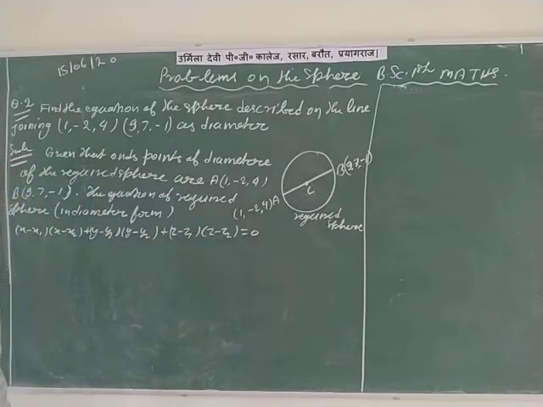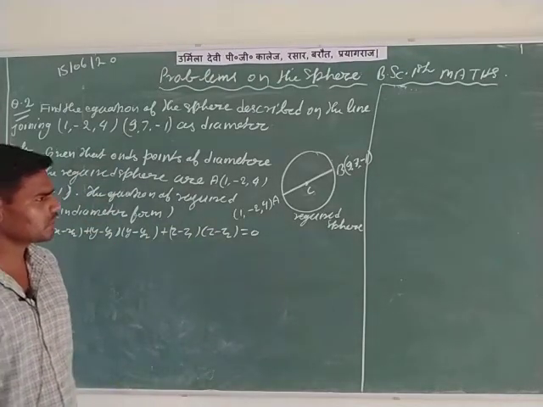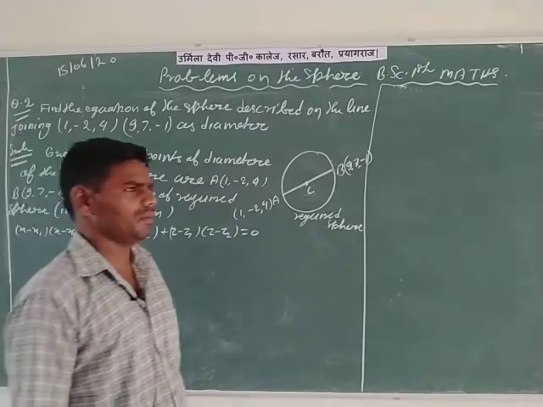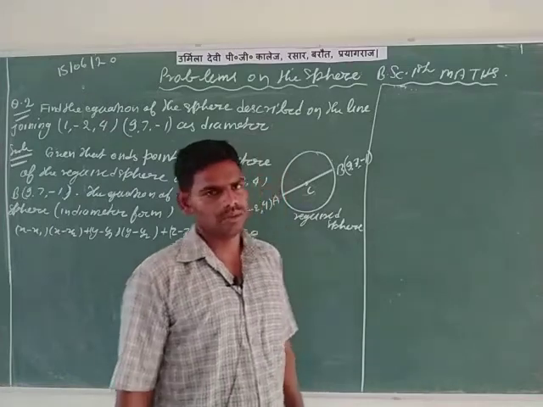This is the equation of the sphere in diameter form, whose end coordinates are x1, y1, z1 and x2, y2, z2.